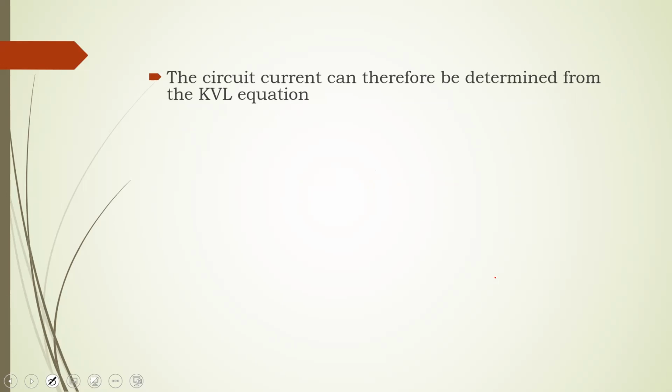If we want the current, remember I showed you the current, eh? If I know the voltage across the resistor, I would be able to find the current at all times. So if I can find an expression for the resistor voltage, I have the resistance, so I can find the current. But we know that VR plus VC was equal to 0, as we showed earlier. So it means that VR is equal to minus VC.